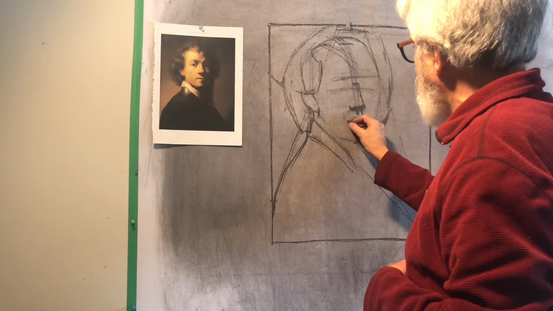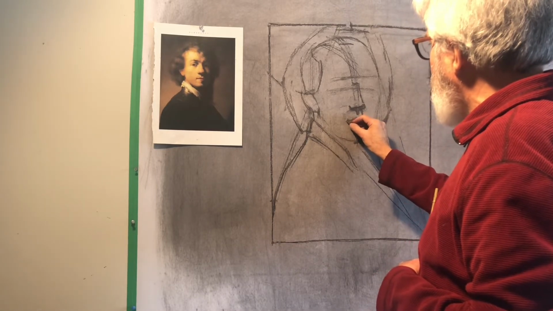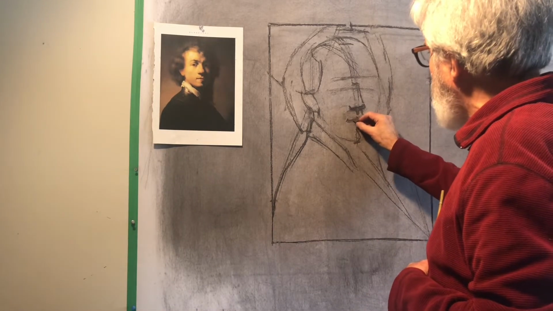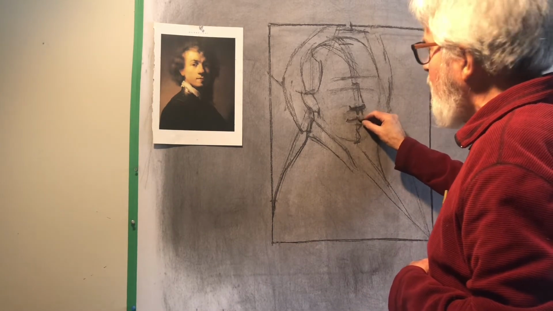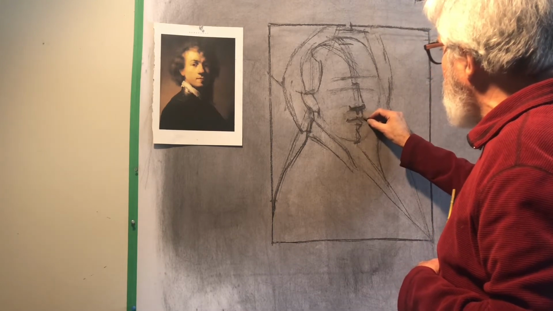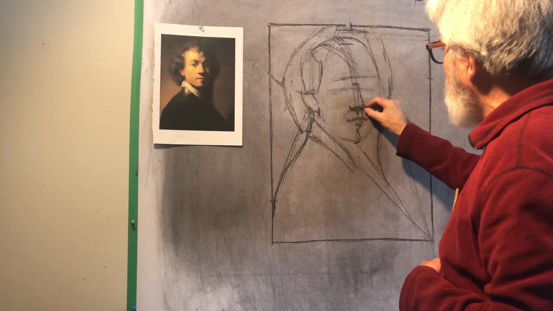So the parting of the lips, say about here, slight angle on the edge of the mouth, say that way. This is going to come up. So now I'm going to watch these pieces between the upper lip and this shape that I just drew.